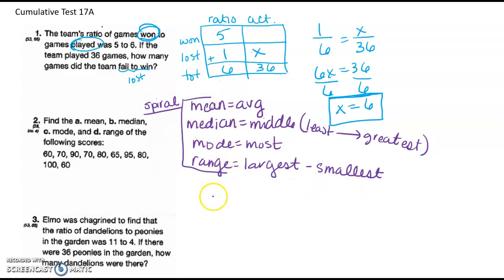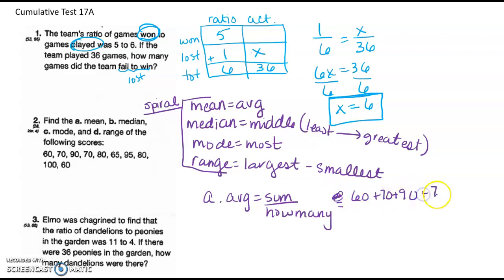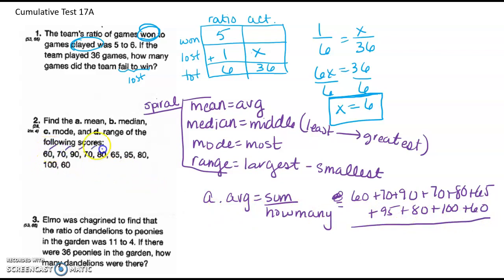Now let me show you what this looks like. So A is the mean, which is the average, which is the sum over how many. So I'm going to take 60 plus 70 plus 90 plus 70 plus 80 plus 65 plus 95 plus 80 plus 100 plus 60, and I'm going to divide all of these by 10.